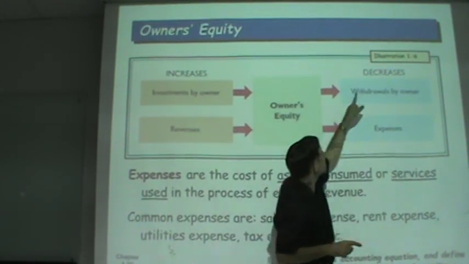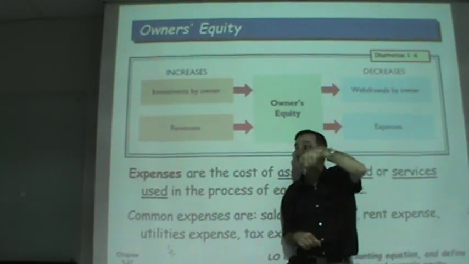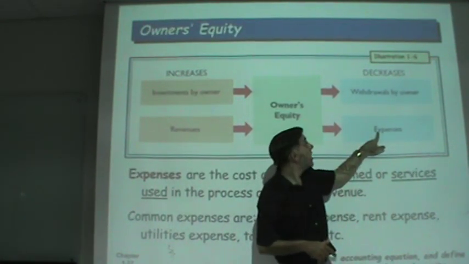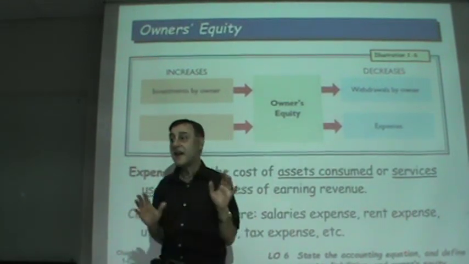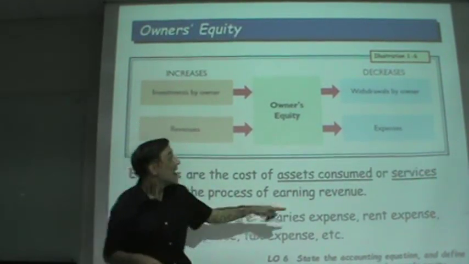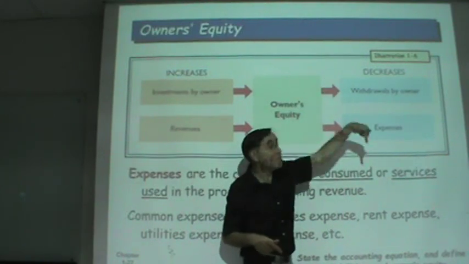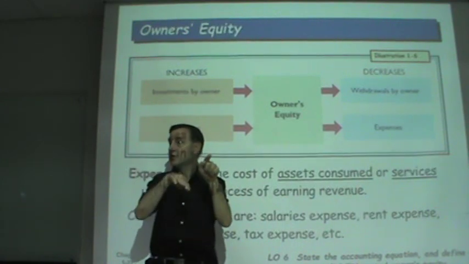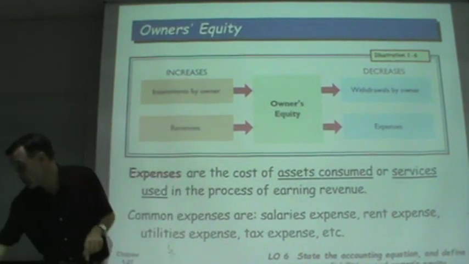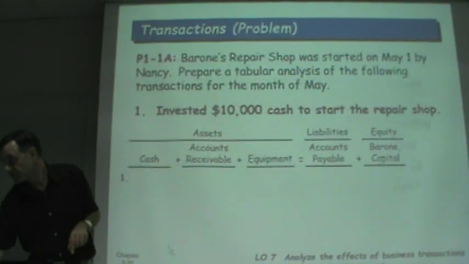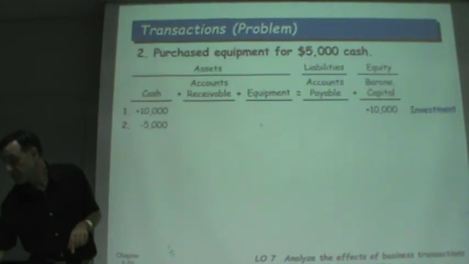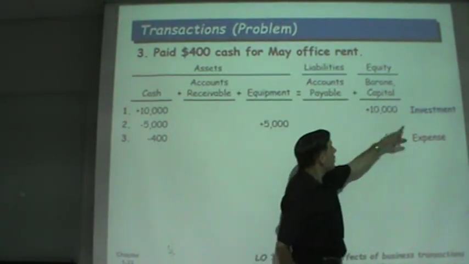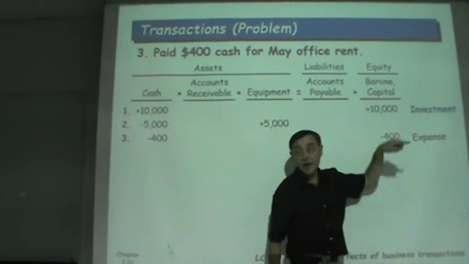Owner's equity. Decrease. Decrease means going down, when you have expense. Okay. Is that fairly clear? So, owner's equity, expense means going down. So when you have an expense, you put minus to owner equity. Owner equity going down. Okay, so rent expense, equity going down.